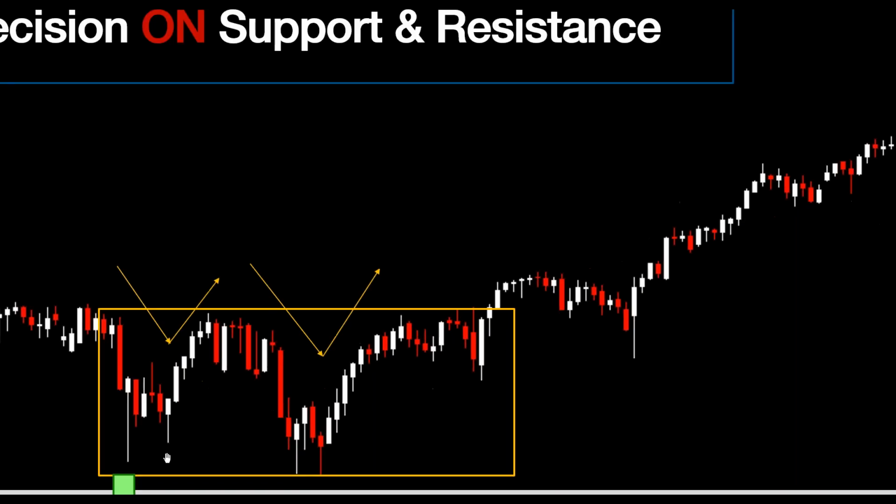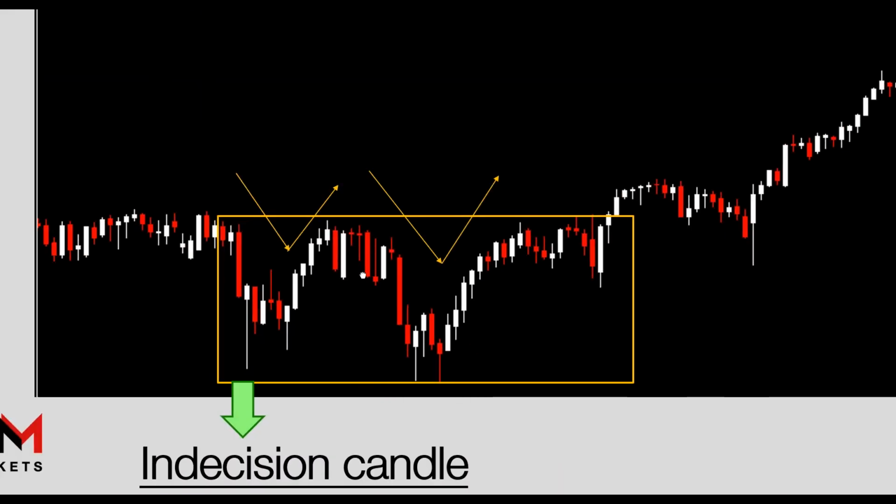By indecision, I'm referring to the fact that markets sometimes don't know what to do. They are a bit cautious. Indecision can be spotted with some dodgy candles, such as that one, that one, that one. A long candle with a very, very small body, or even no body at all, closing close to the open price.